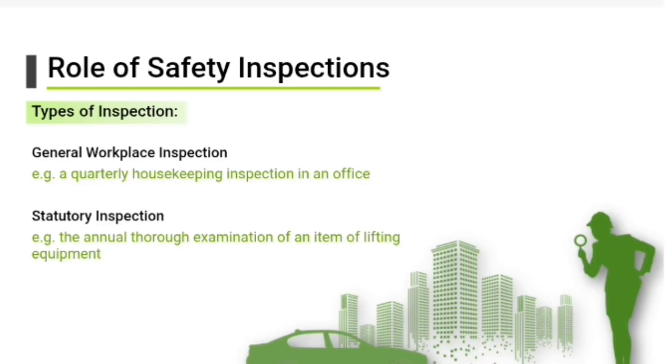On the other hand, statutory inspections are mandated by regulations and are more specific, such as the annual thorough examination of lifting equipment. These inspections ensure compliance with legal requirements, identify potential hazards, and contribute to the ongoing improvement of health and safety standards within the workplace.